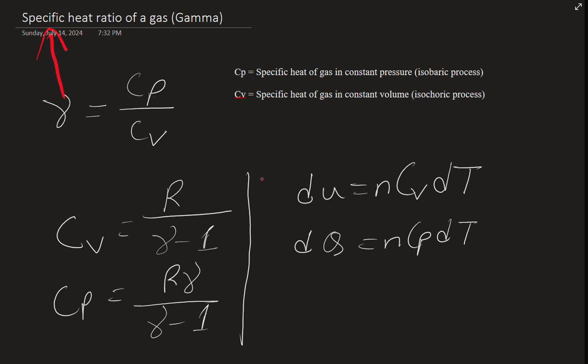And we have these formulas relating Cv and Cp to dU and dQ respectively. dU is equal to N Cv dT, where N is the number of moles and dT is the change of temperature, T2 minus T1. And dQ is equal to N Cp dT, where Cp is the specific heat of gas in an isobaric process.